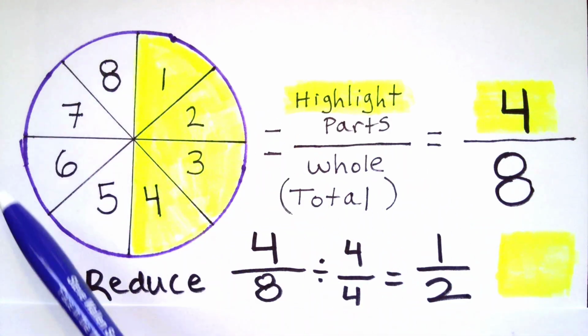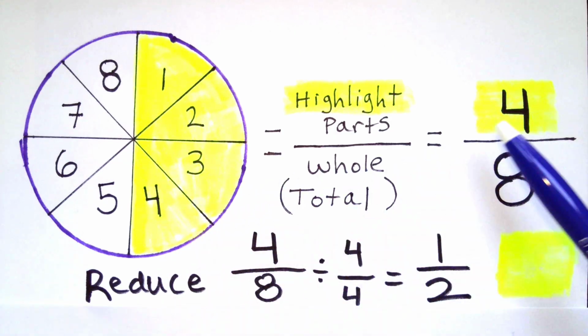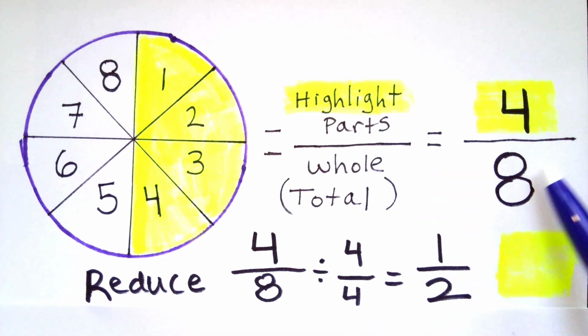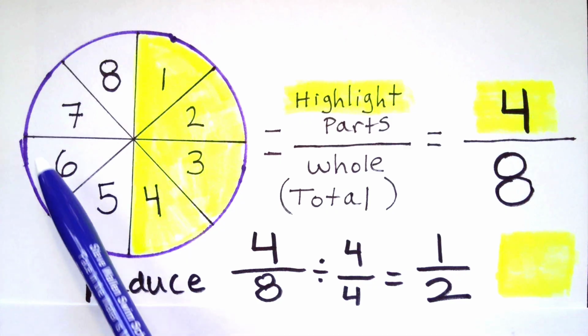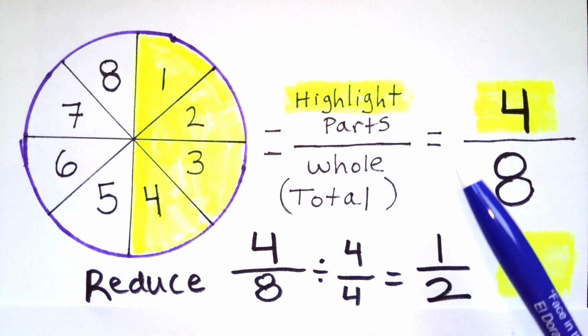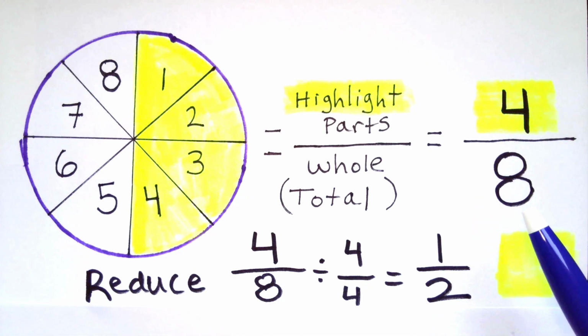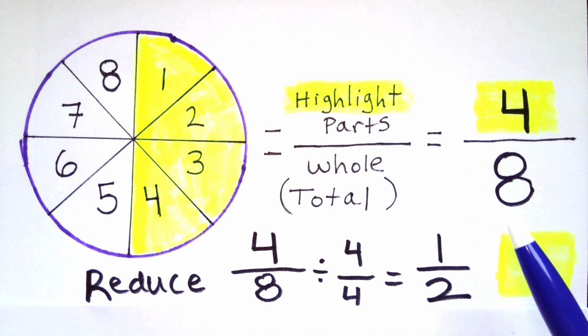So for this particular image, I've created a ratio or a fraction with 4 highlighted parts out of a total of 8 possible pieces. And that's what fractions represent. They're a ratio. 4 out of 8, or 4 to 8, or the fraction you see here, 4 over 8.